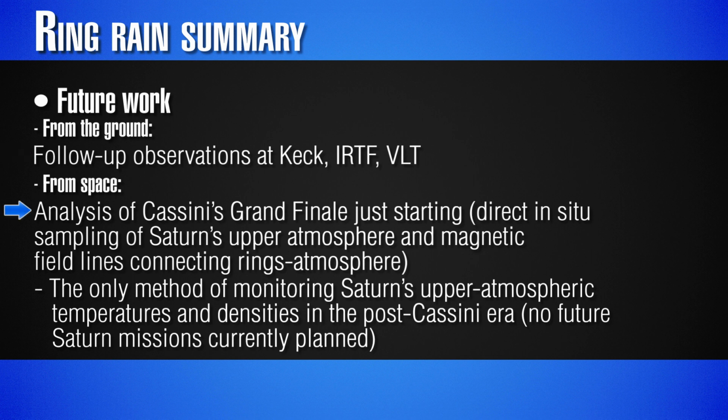From space, there's more to do, but most of it has to do with continued analysis of Cassini's Grand Finale data set. The Cassini mission ended in September 2017 when, since they ran out of fuel, they decided what's the best way to end the mission.